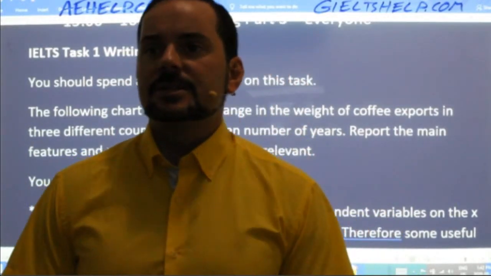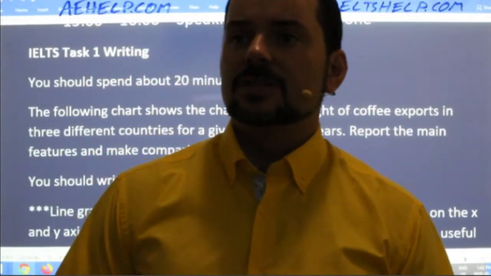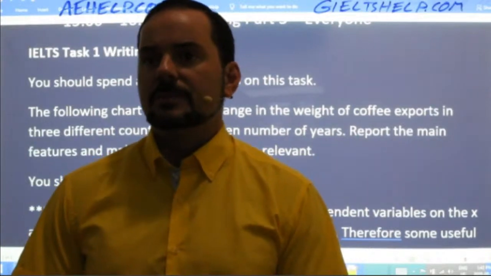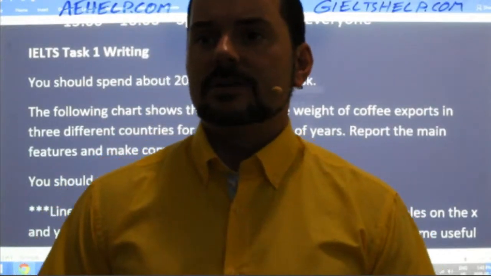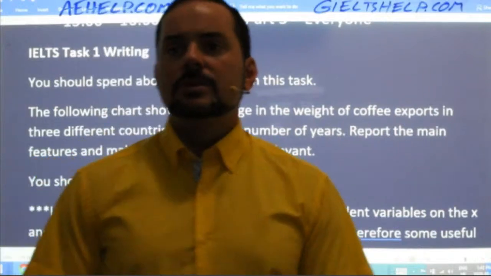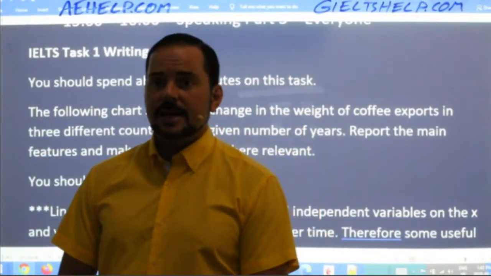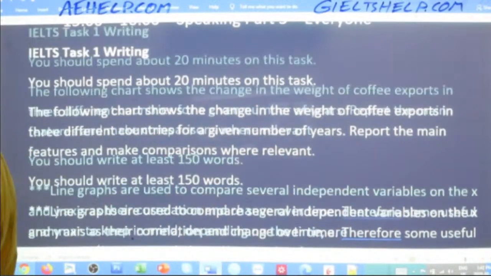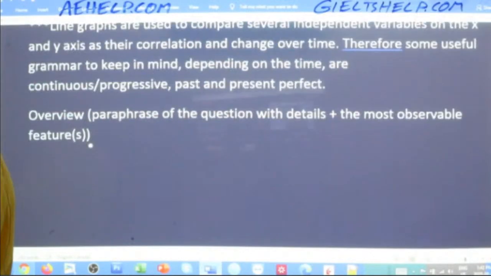Samuel Sadir says the following line chart depicts the variations of coffee exports by weight, kilograms, in Brazil, Costa Rica, and Colombia from 2002 to 2012 in intervals of 2 years. Very nice, Samuel. I like that. It's even more specific, okay? Absolutely. So that's what I would write as well, okay?